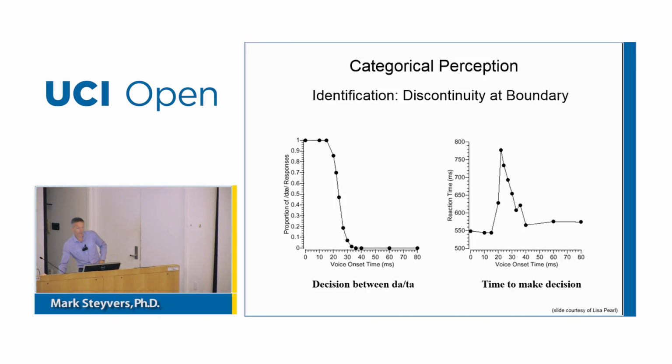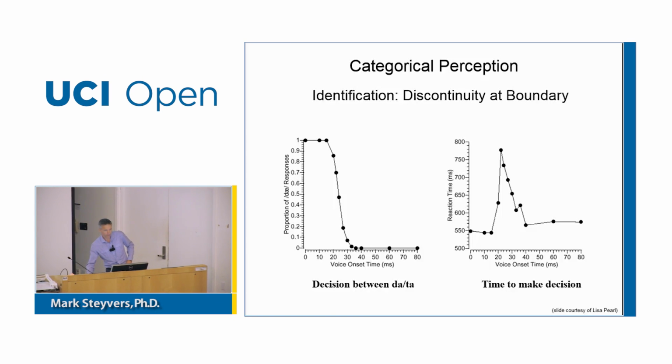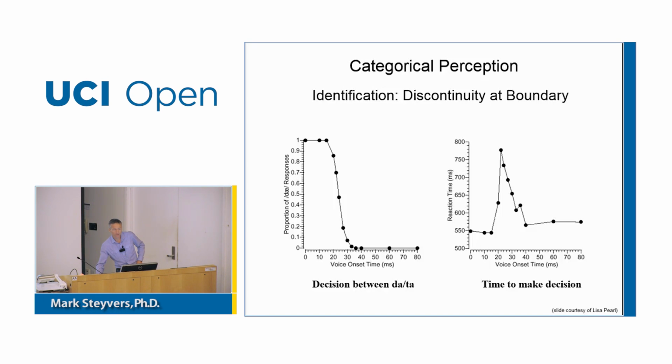Most people would say, yeah, a da is a da. But when you get to these more ambiguous situations, people quickly flip over to the other side. So it's not linear, where small differences constantly lead to a difference in identification. You have this very sharp boundary.